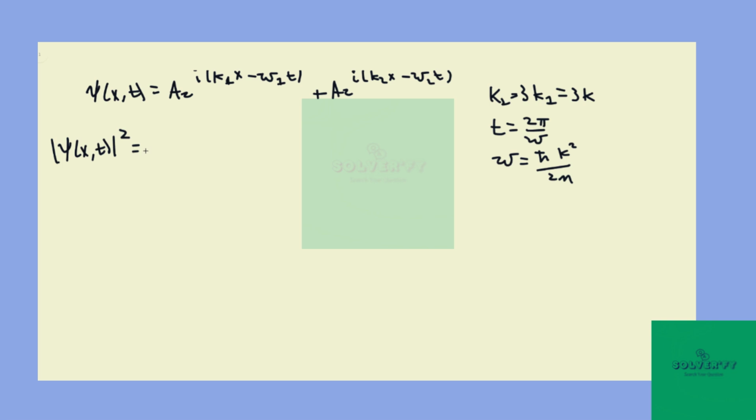This is already given to you in the example, so I'm not going to work through the details of expanding this out, but it's given as 2 times the magnitude of A squared times 1 plus cosine of ((k2 minus k1) x minus (omega 2 minus omega 1) t).